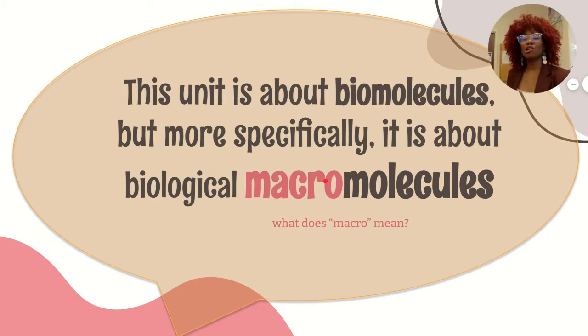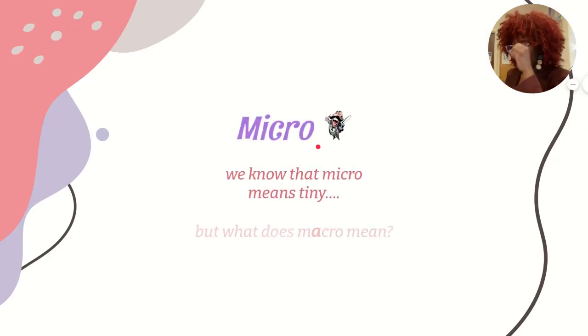So what does this term macromolecules actually mean? Well, micro, as in microscope, right? We know that that means tiny. So if something is micro, it's tiny. If you're called a micro influencer, you are a tiny influencer. How about macro?